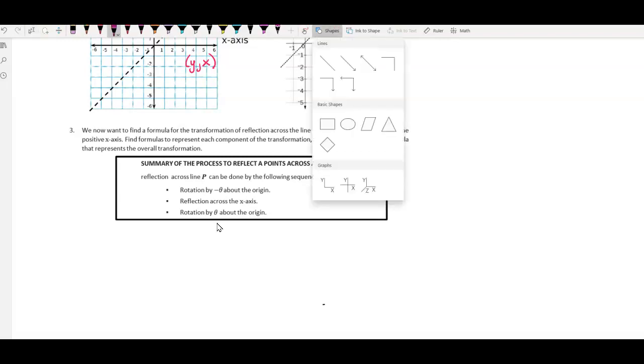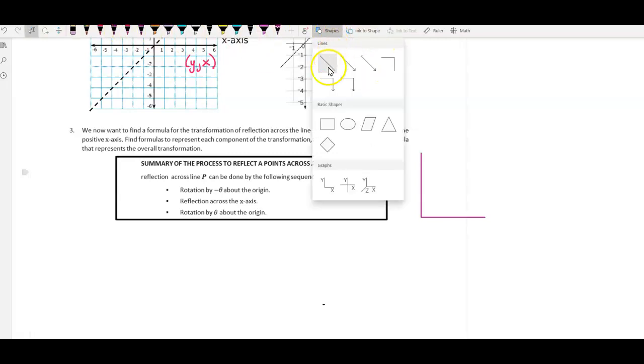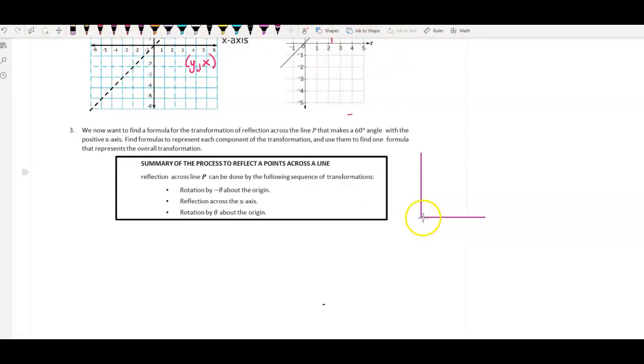All right, so if I was sketching this, okay, and I drew a line that was about 60 degrees, so maybe something like that. This angle is 60 degrees. So this is the line P.